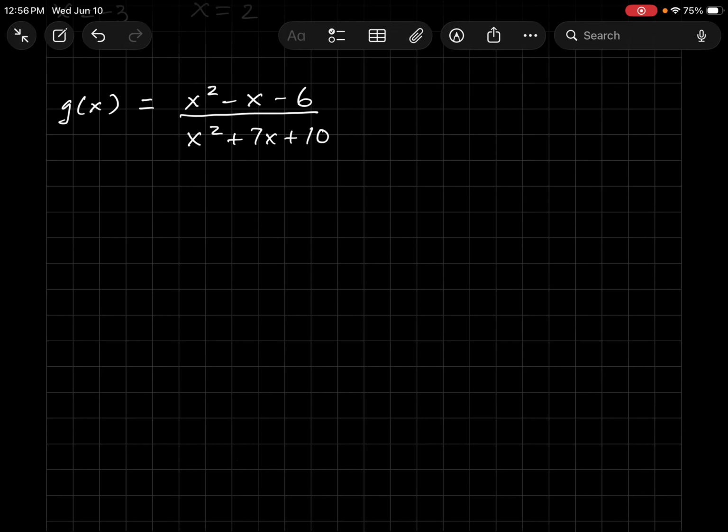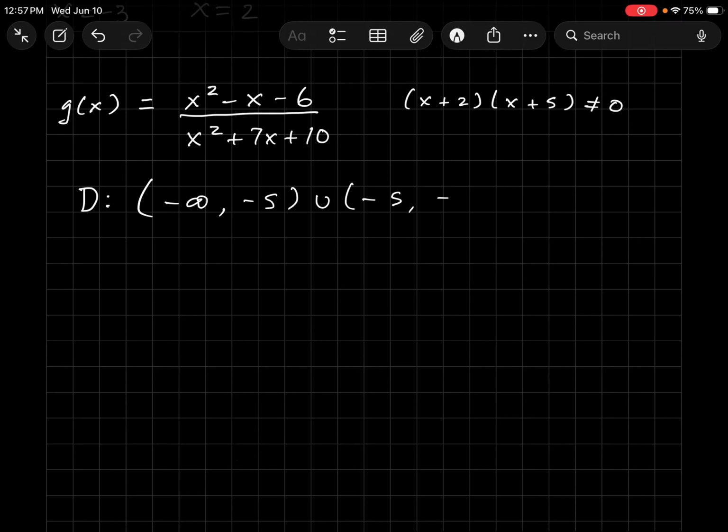Here's my attempt. I know that the domain is when the denominator does not equal 0. That is, it's everything except for when my denominator, which I will factor right here, equals 0. So my domain is everything except for negative 5 and negative 2.